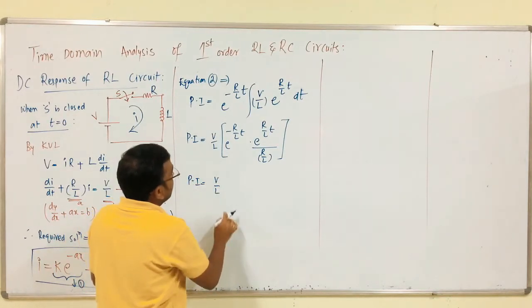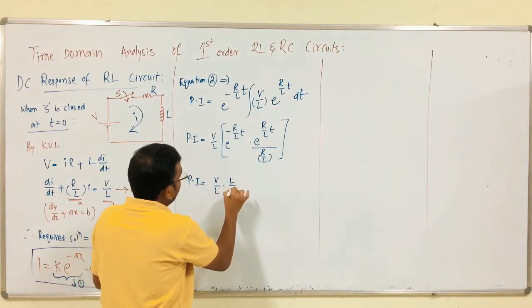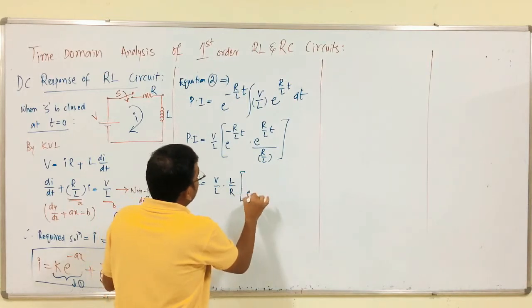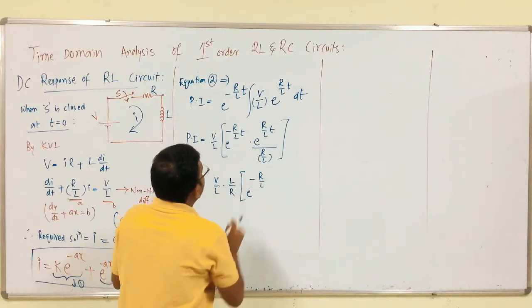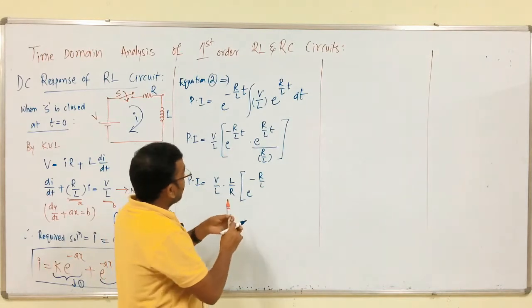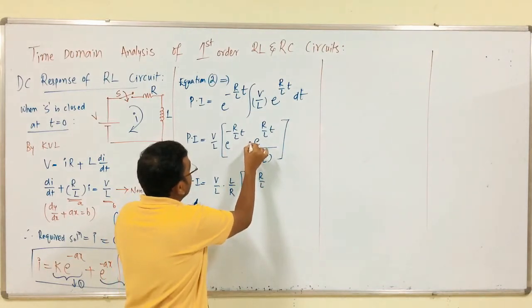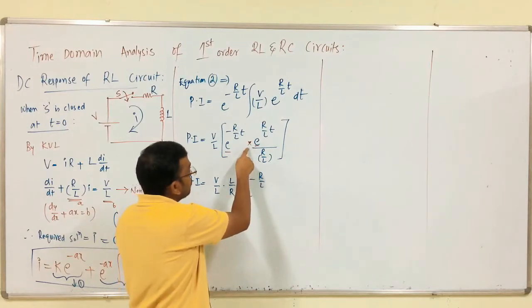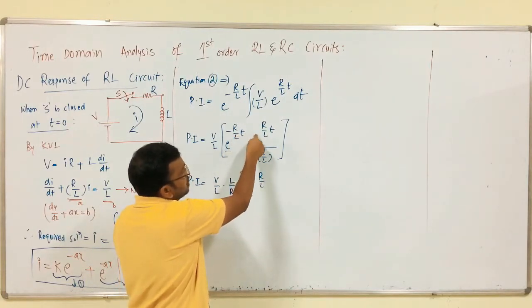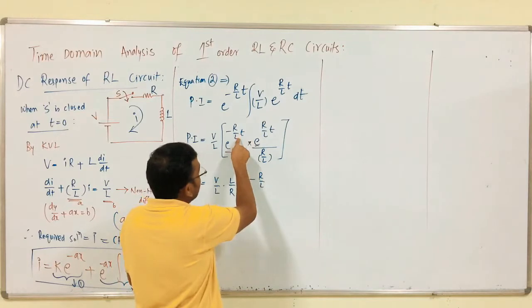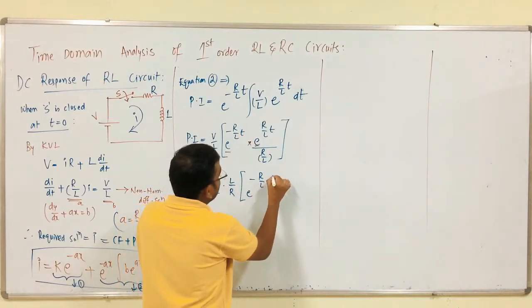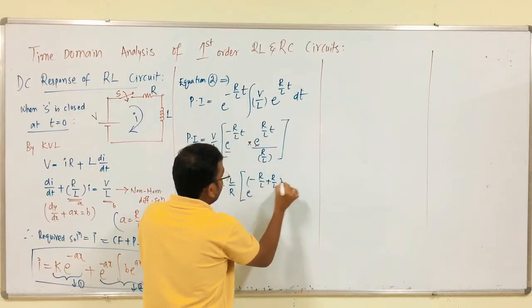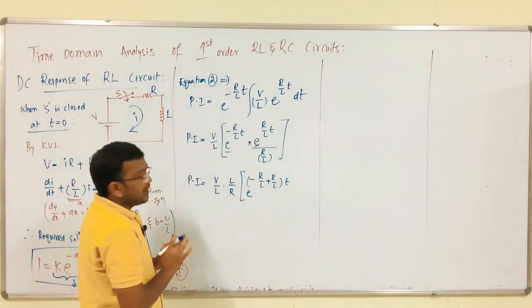So, from this, V by L into L by R, and e power minus R by L into T and e power R by L into T are exponential terms. In between these two we have multiplication, so obviously the exponents add, minus R by L plus R by L into T. Clear?